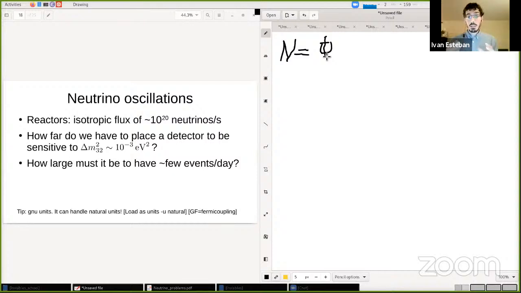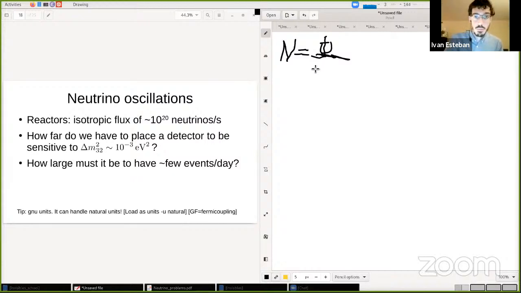Now, this is the number of neutrinos we produce per second. We have to divide this over all the, so this is the flux that you produce at the reactor itself. If we are far away from the reactor, all the neutrino flux will be diluted by a factor of the distance squared, just because all the neutrinos will be distributed into some sphere with radius L, where L is the distance at which we are.